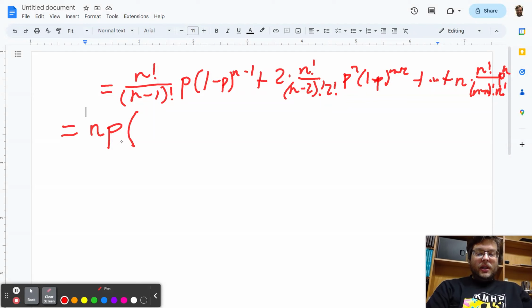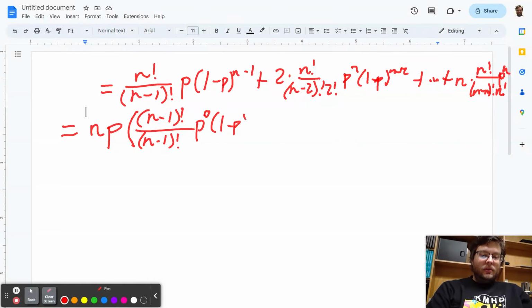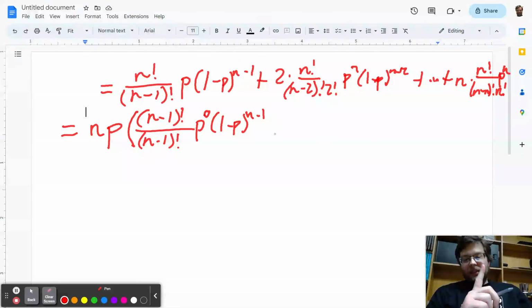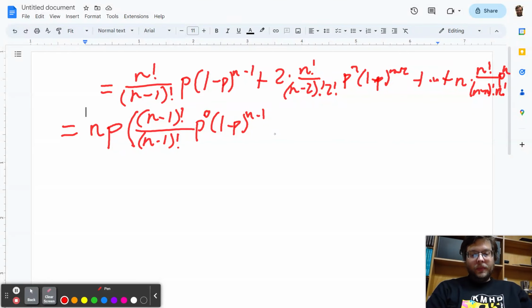If I borrow an n from the first term, then I have n minus 1 factorial over n minus 1 factorial. And I pulled the p out, so it's times p to the 0, (1 minus p) to the n minus 1. I could have written 1, but I'll explain in a second why I wrote p to the 0.